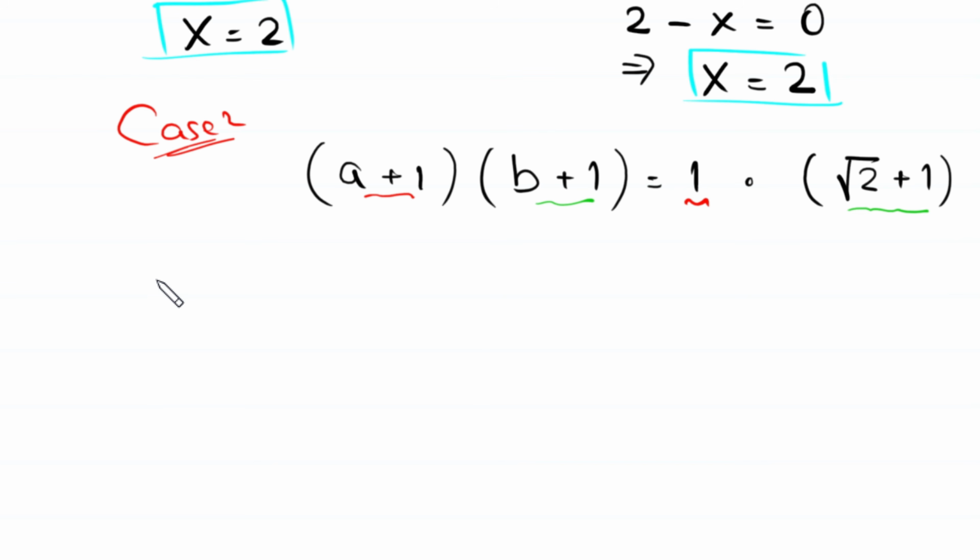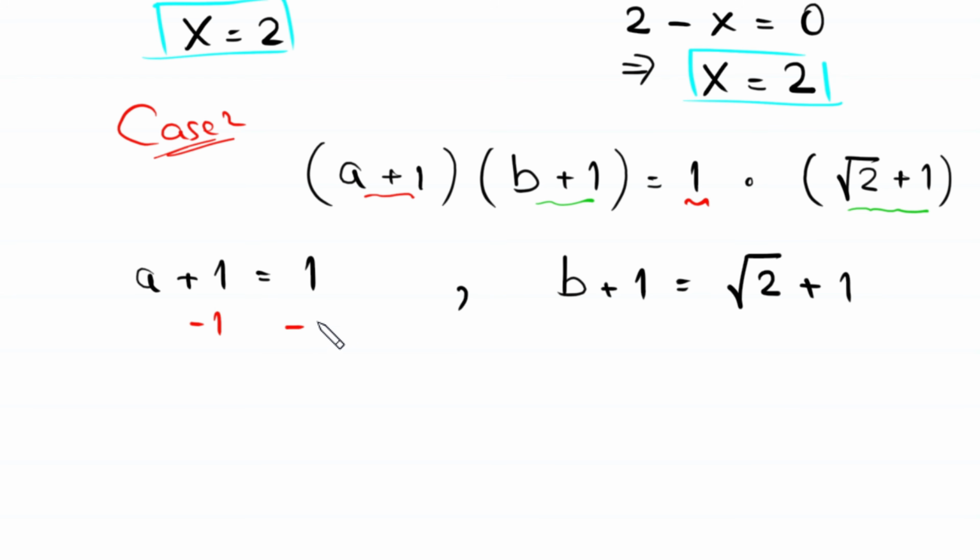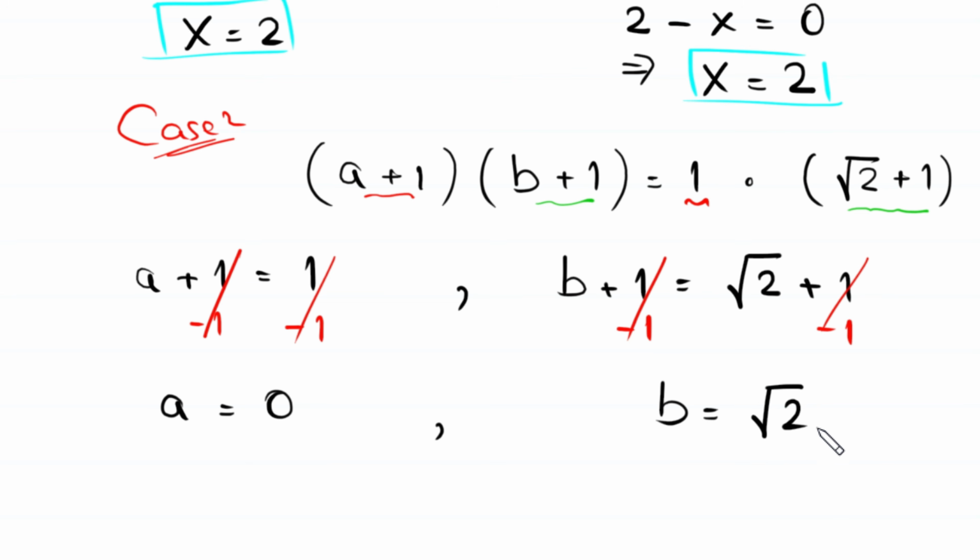If we subtract 1 from both sides, a will be equal to 0, and b will be equal to root 2.